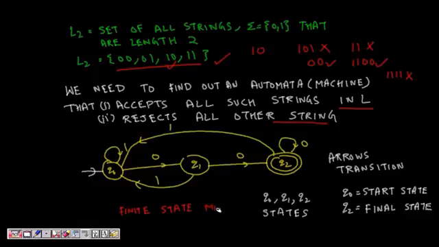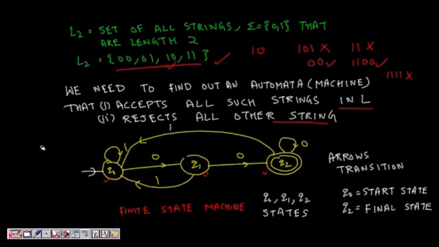Now you will ask, what is this? This is a kind of graph which has states. There are three states here, and these states tell us what is happening. This is the start state.